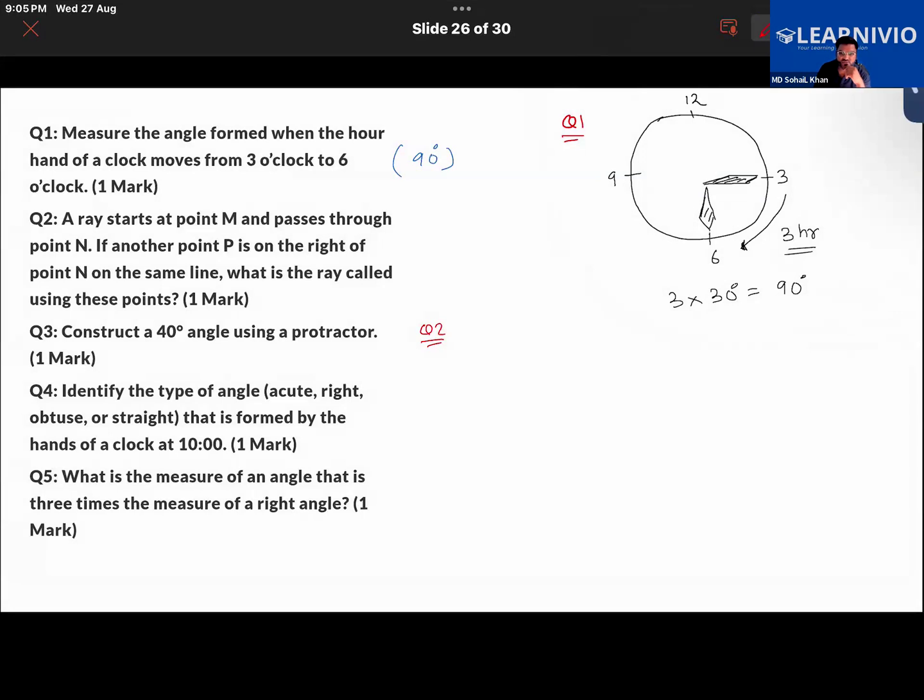Sumaya, just say your answer then. If it's not working, then I don't have any option. You guys do the second question. Do the third question as well, Laksh. Do you have a protractor with you?